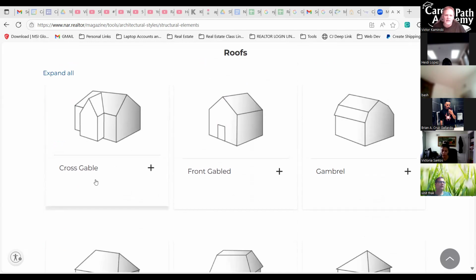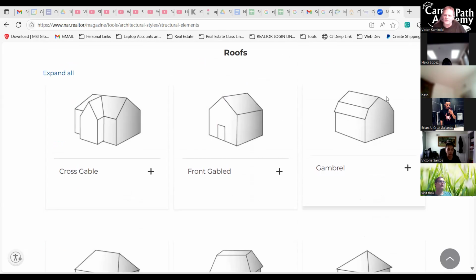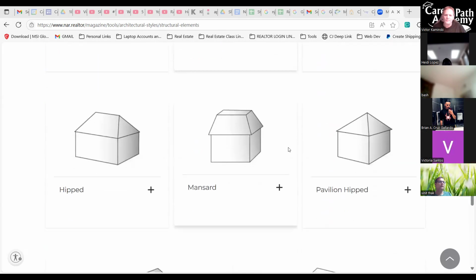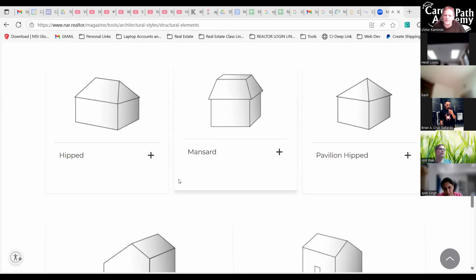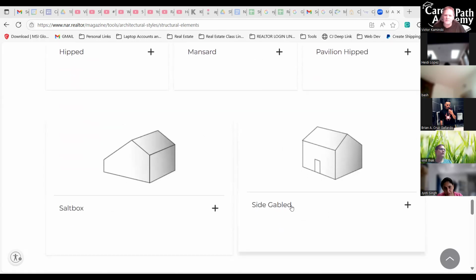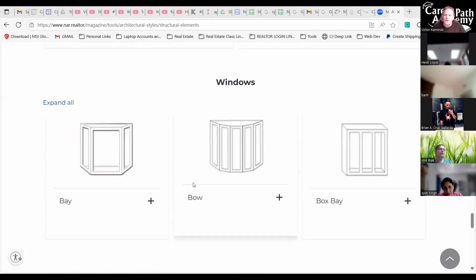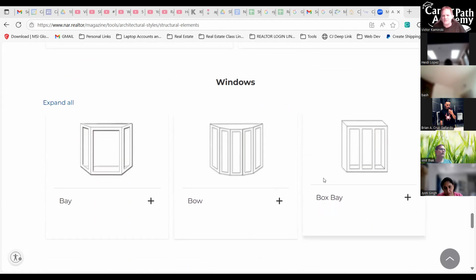This is what I got on my house, the cross gable. You got front gable, gambrel, that's more of a barn style. Hips, mansard, pavilion, salt box, side gable, and then different types of window encasements.